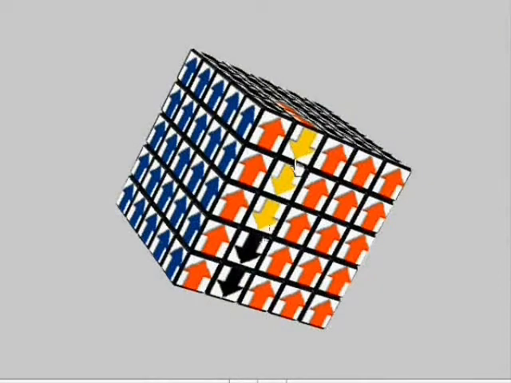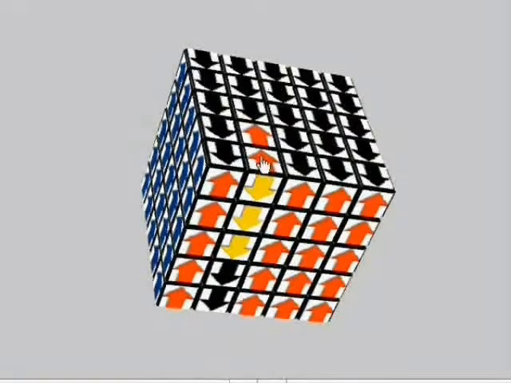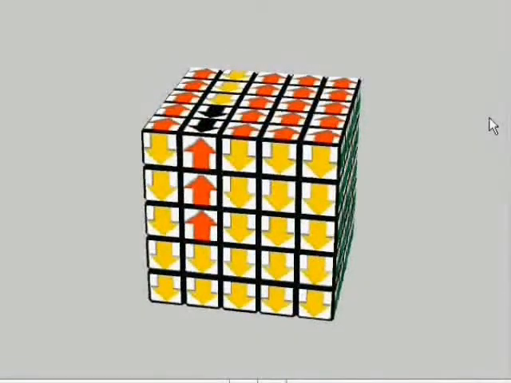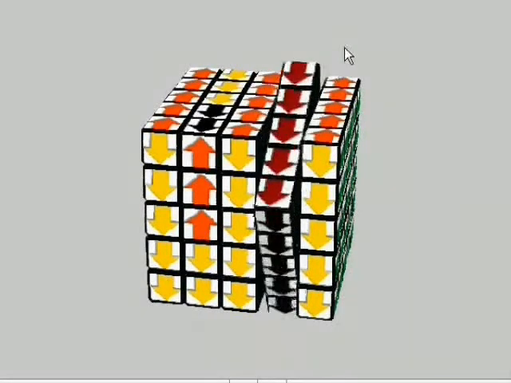We have 2 edge pieces swapped oppositely like this. How about we just try to make a pure edge flip algorithm from it? So all we have to do, if we hold it like this, in this case, the moves will be 2L2 and U2.